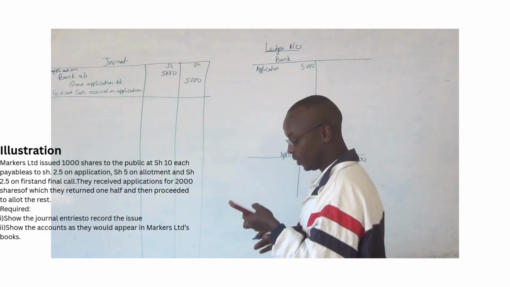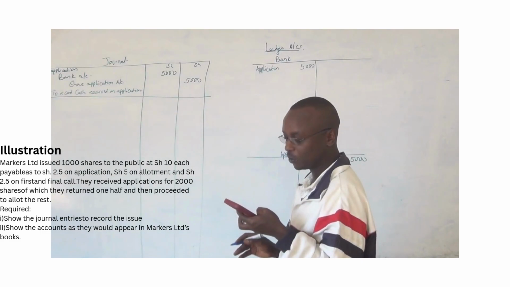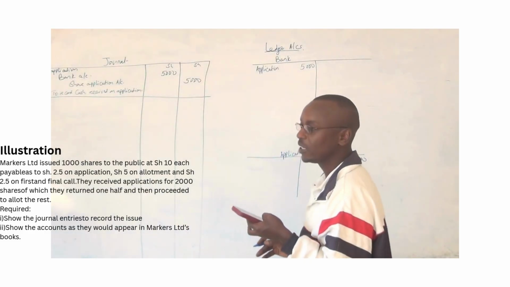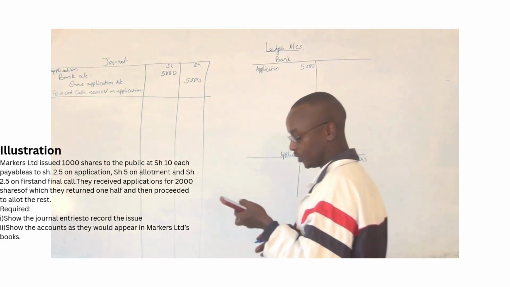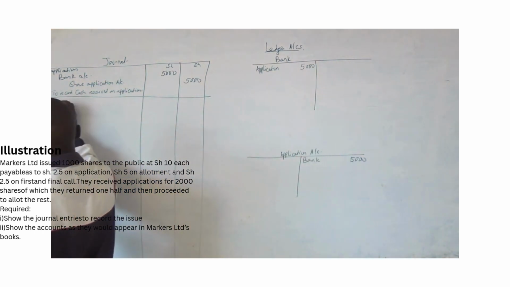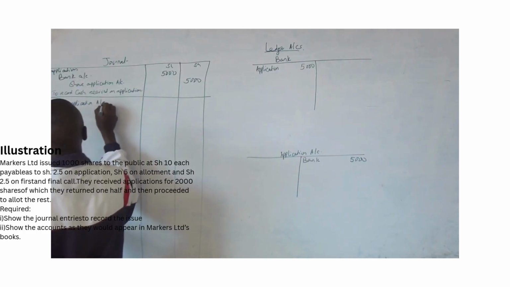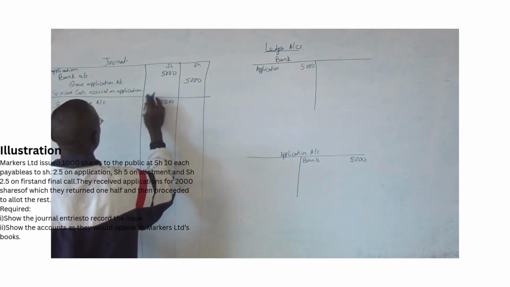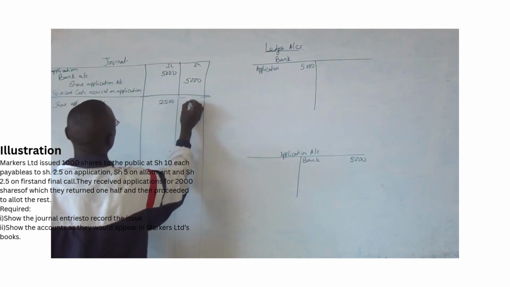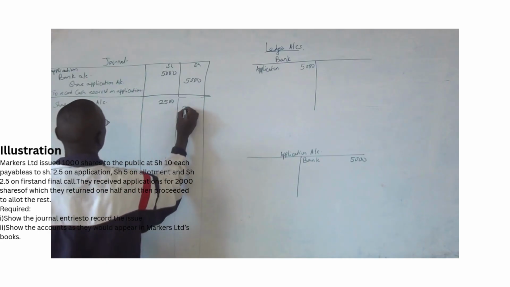How many shares? What happened? They received applications for 2,000 shares, of which they returned half. So they returned how much? So this one, you have to debit share application. Then you credit what? Bank, 2,500.